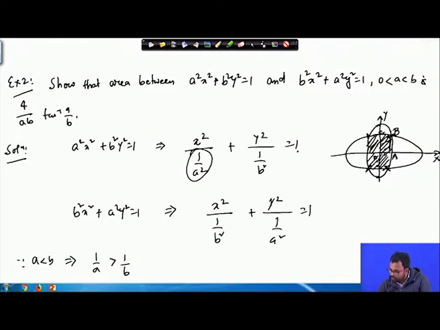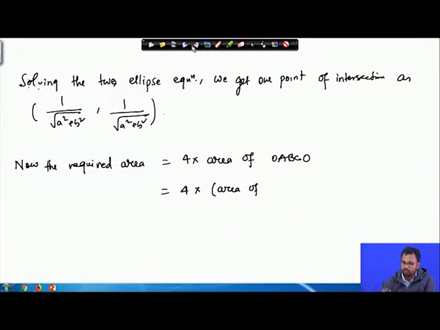Suppose this point is P, so I'm calling this point P. That means we are taking the area of the entire region as the area of two different areas bounded by these two curves, because this is the first curve and then this is the second curve. So we will integrate first from here to here and then here to here.